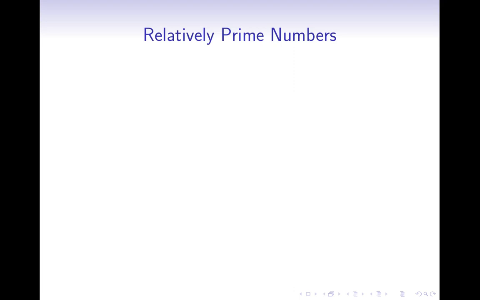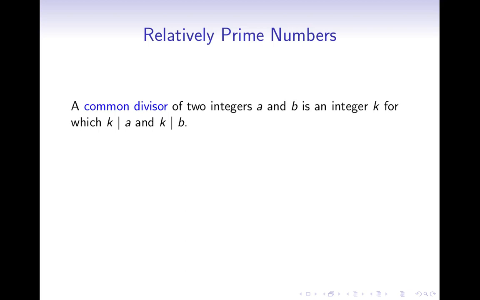Now, if you take a pair of numbers, there's a concept of a pair of numbers being relatively prime. And in order to discuss that, we have to talk about common divisors. So I'm not sure this phrase needs defining, but a common divisor of two integers, a and b, is an integer k which is a divisor of both a and b.